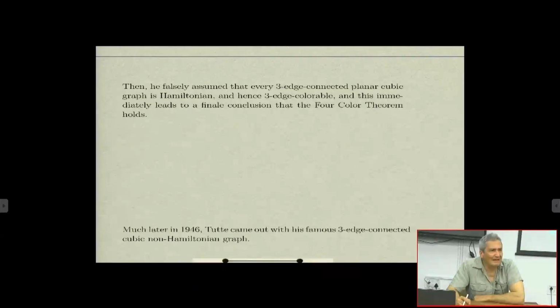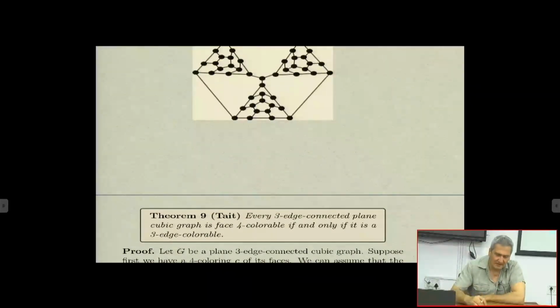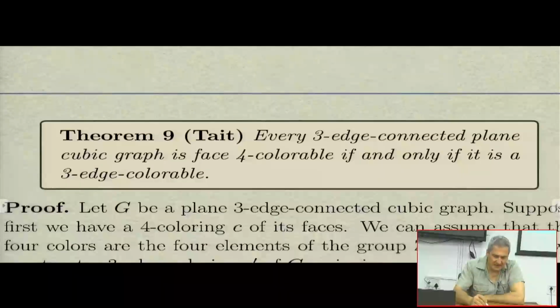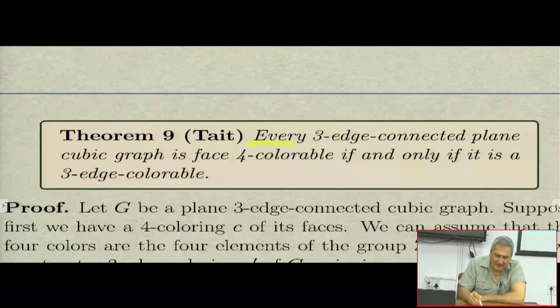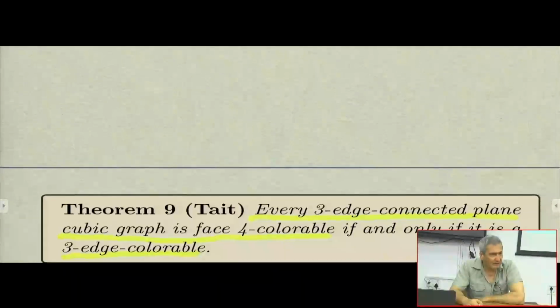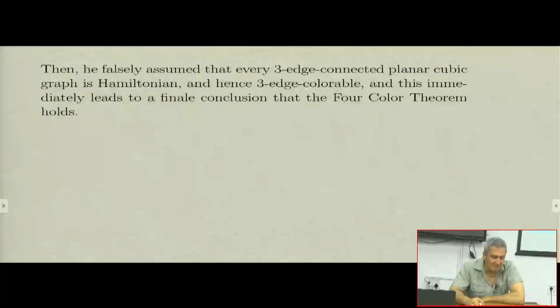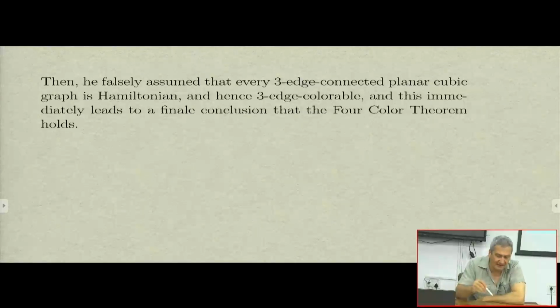Now, what mistake did Tait make? He proved this theorem: every 3-connected planar cubic graph is four-face colorable if and only if it is 3-edge colorable. We're going to prove this theorem. After proving this, he made a wrong assumption, that every cubic bridgeless or 3-connected planar graph is Hamiltonian.